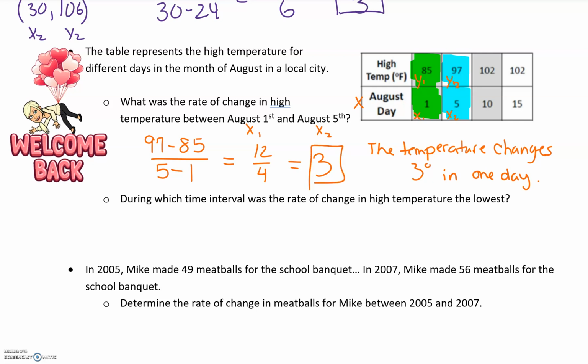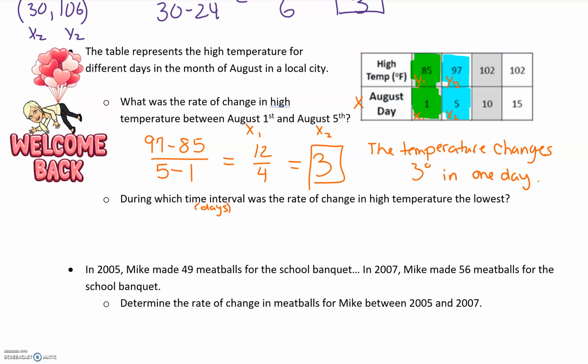Now, the next part says during which time interval, so which days, remember, this is the days that we're talking about, was the rate of change in high temperatures the lowest? So we already know that it was 3 degrees for day 1 to day 5.